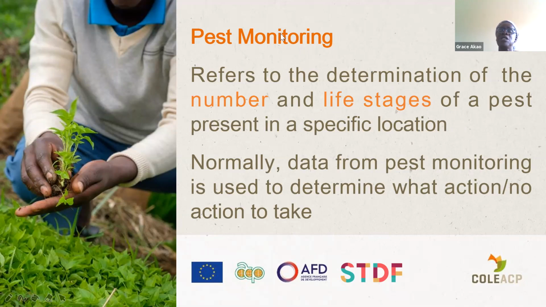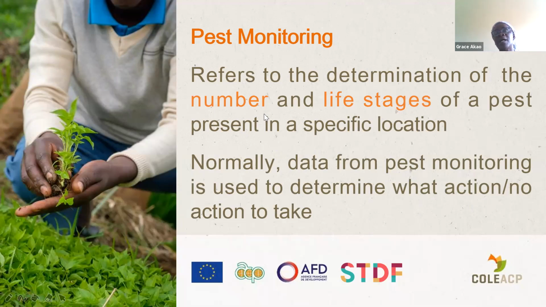And then when you are doing monitoring, you actually want to get guidance on whether to take action or not take action. If, let's say, the populations are continuously increasing, that can tell you that there is also a likelihood of this particular pest organism shifting or dispersing from that locality and invading other areas as well.